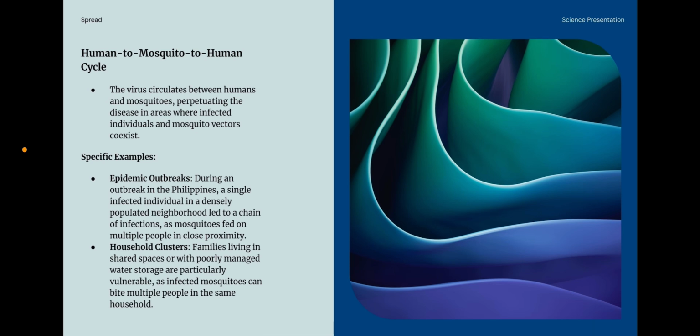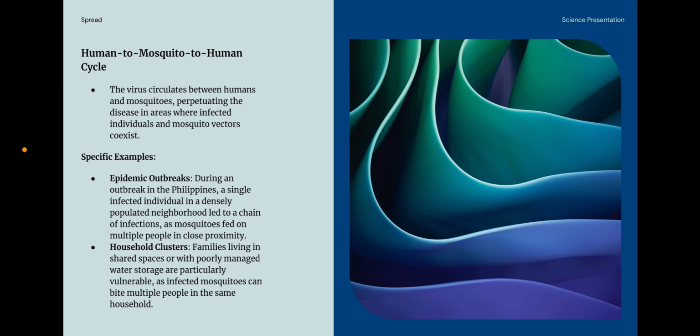For the spread: the human to mosquito to human cycle. The virus circulates between humans and mosquitoes, perpetuating the disease in areas where infected individuals and mosquito vectors coexist. Specific examples: during the outbreak in the Philippines, a single infected individual in a densely populated neighborhood led to a chain of infections as mosquitoes fed on multiple people in close proximity.